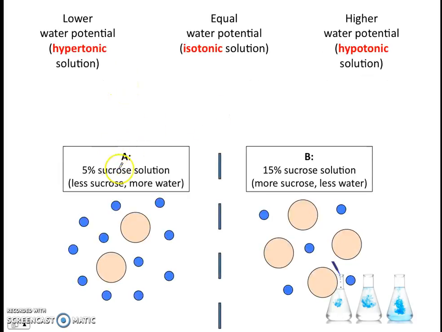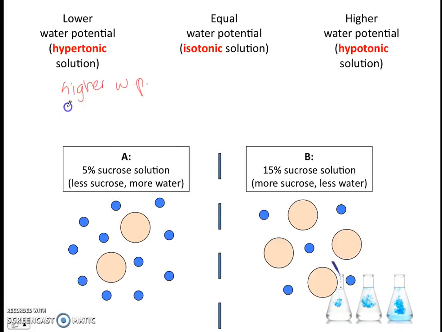Now remember how we talked about these two solutions, right? A 5% solution, we'll call it A, and a 15% solution, we'll call it B. And we know that A has a higher water potential, right? You can see that.